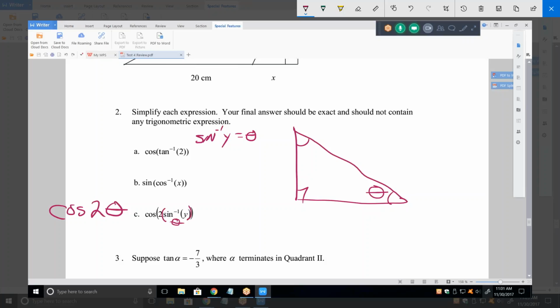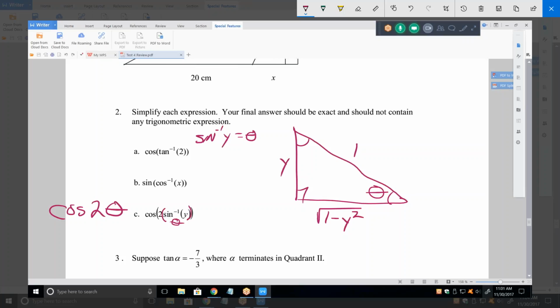It's always the third step. Okay, so the opposite is y and the hypotenuse is 1. Good. What's the third side? The square root of 1 minus y squared. Good. There you go. That's how you solve a right triangle quickly.